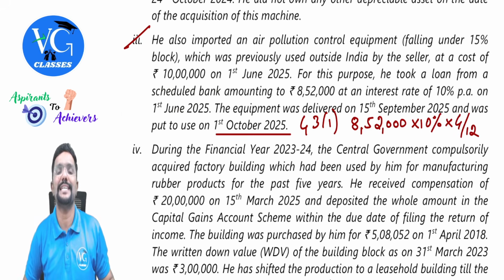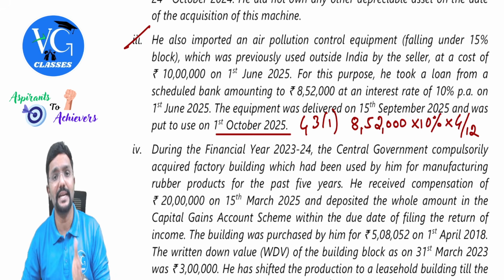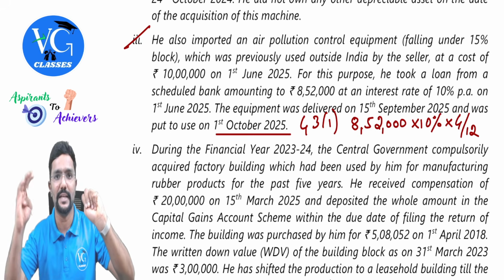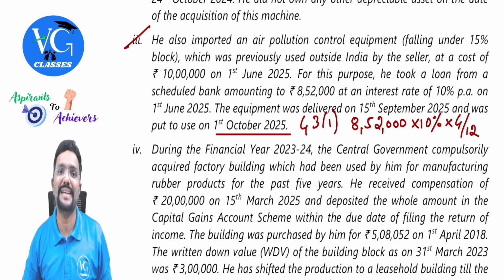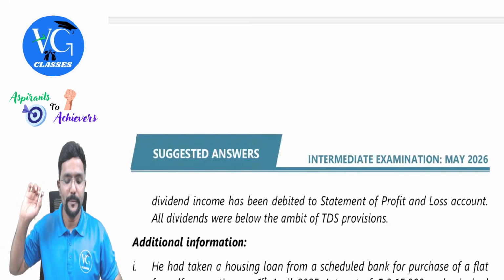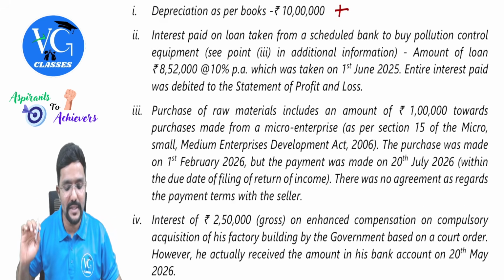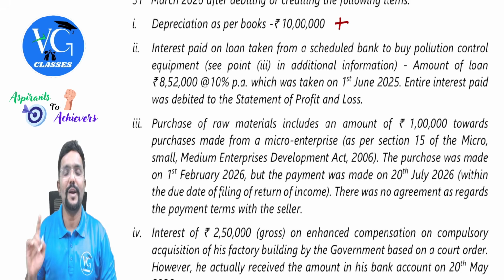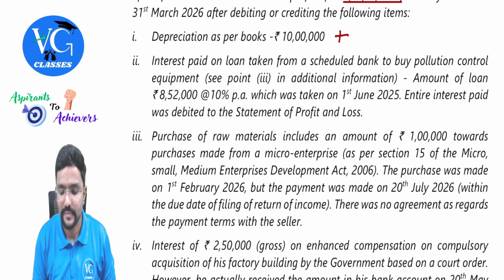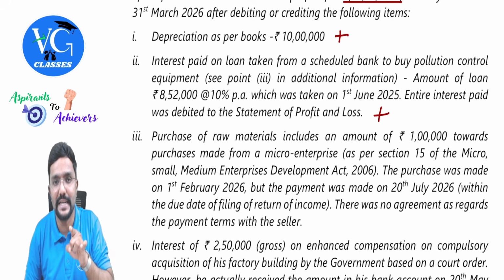For 4 months, interest has to be capitalized. The remaining interest, that is from October, November, December, January, February, March, can be claimed as an expense, that is revenue expense. But here, they told that the entire interest expense has been debited. So what should we do? Whatever we capitalize, that part we need to add back, not the entire interest.